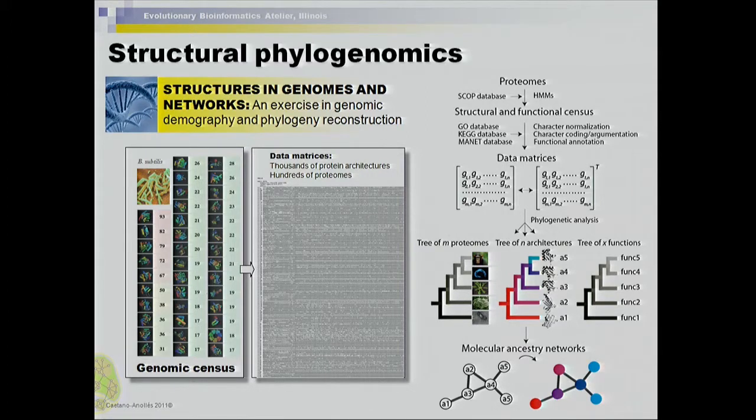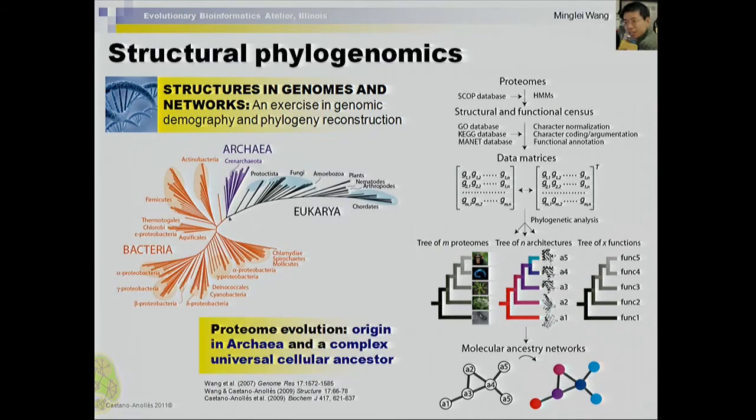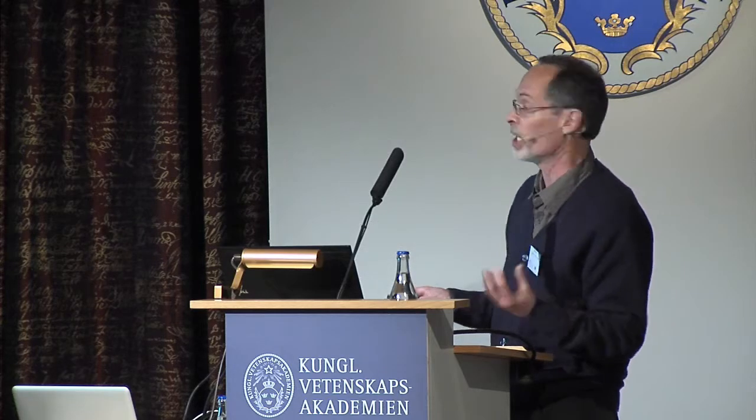First of all, a tree of the system, that is the proteome of the organism. And here the player is Menglei Wang in my laboratory. I've been updating all these reconstructions every few months. When you reconstruct this tree of proteomes, the leaves of the trees are basically the proteomes, the organisms.